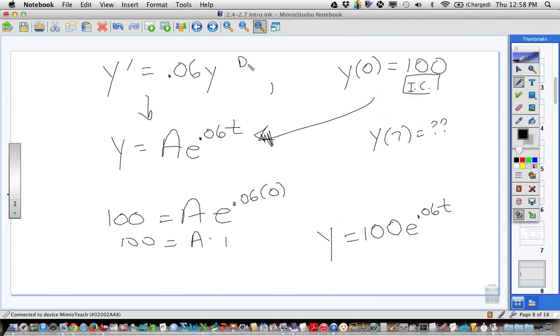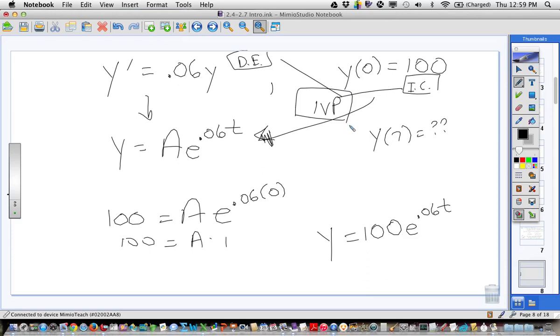This, of course, is a differential equation, a DE. When you take a DE plus an IC, you get an IVP. Makes sense, right? I'll show you this just because in your book they're going to say, solve the IVP.